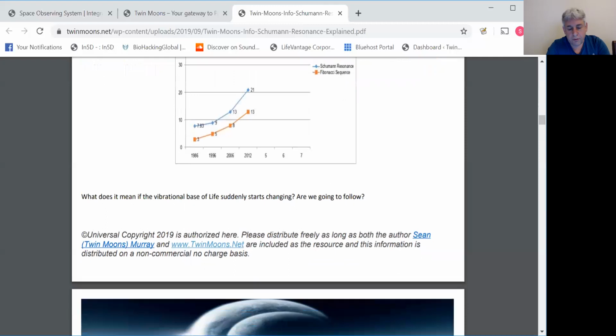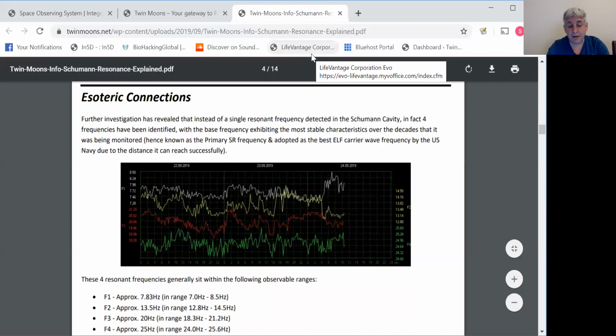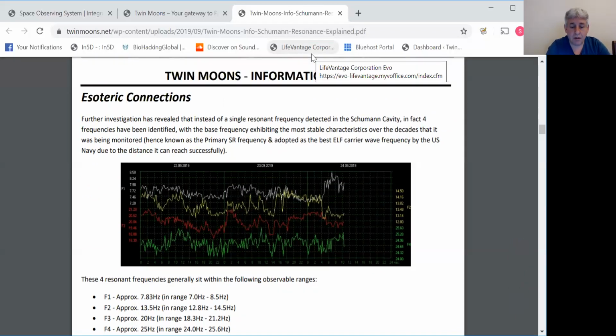So if you look through the paper from here on, we were talking about any correlations or connections with the esoteric domain, and further investigation showed me that in reviewing the frequencies monitored and reported on by the Russian Academy of Sciences, there are four frequencies that are monitored and reported on an hourly basis.